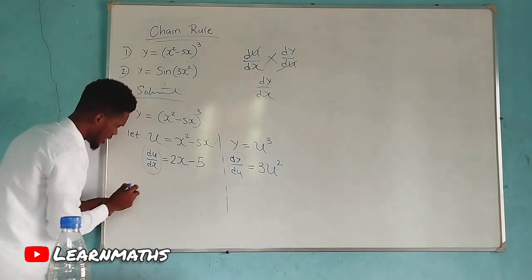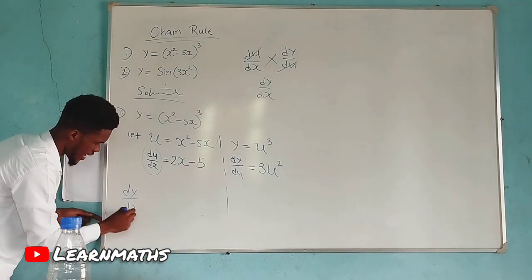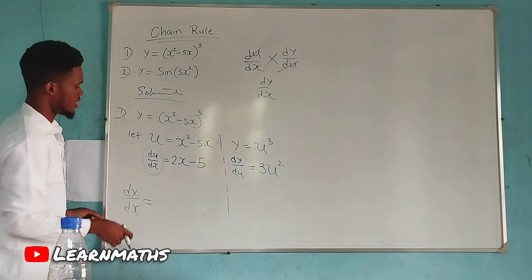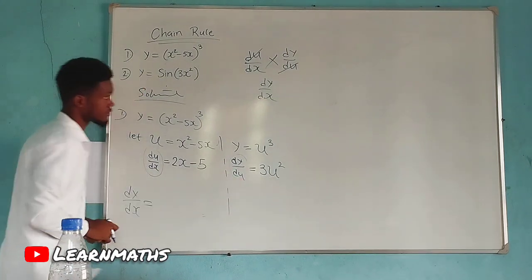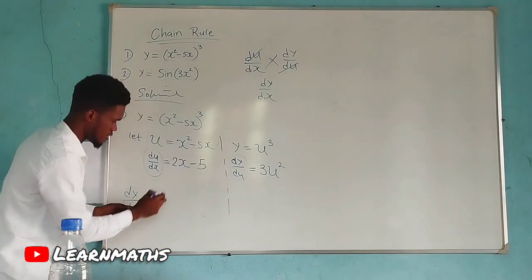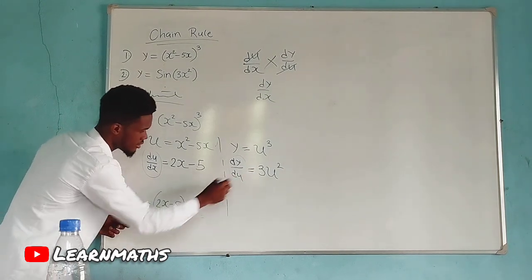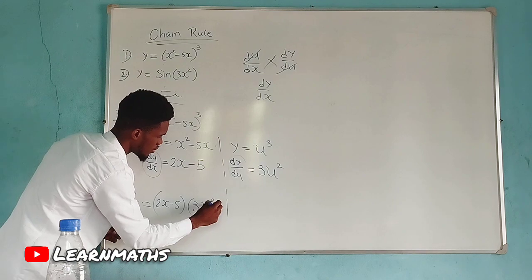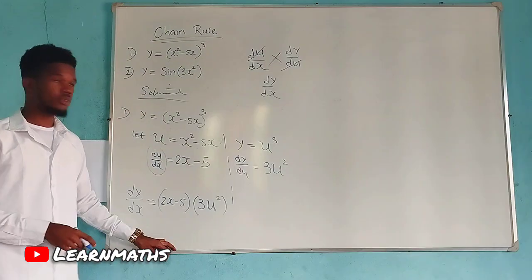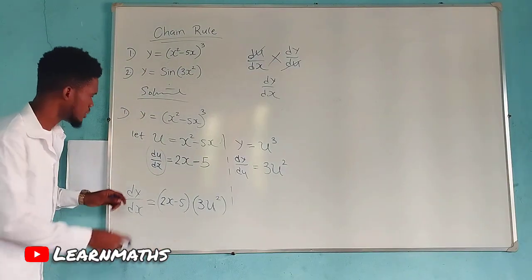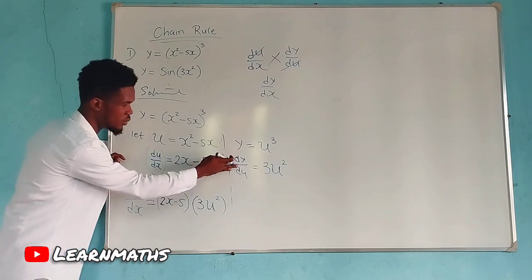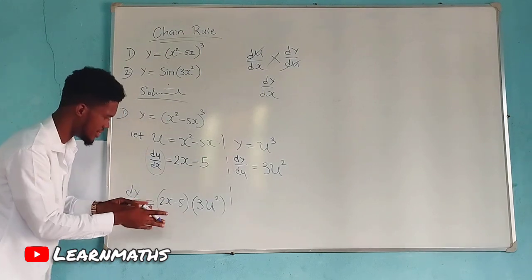So to get dy dx as the differential we're finding, let's multiply this with this. We're going to multiply 2x minus 5 with 3u squared.